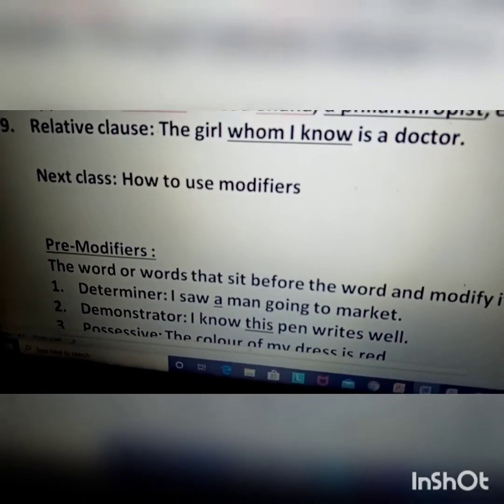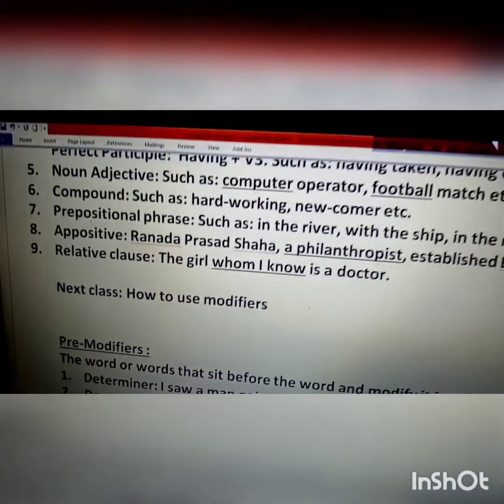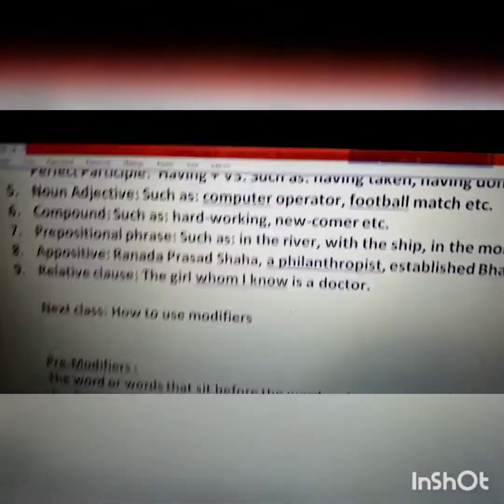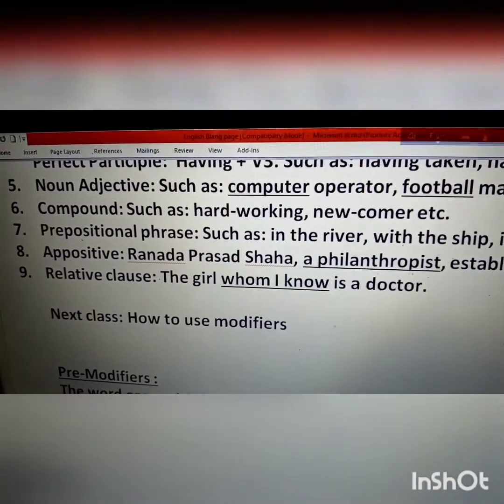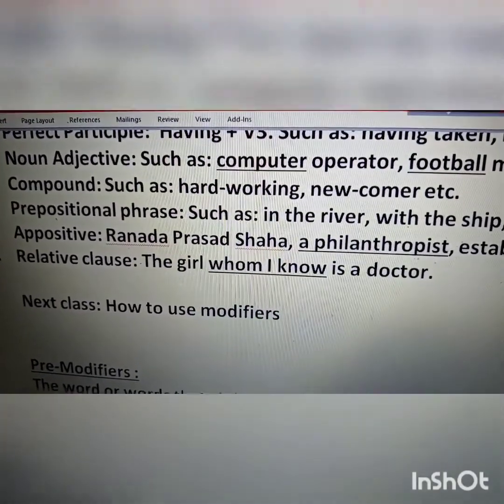Here, whom I know is a relative clause which is used as a modifier.